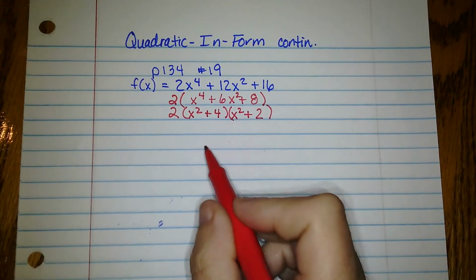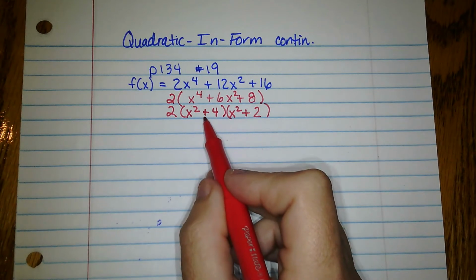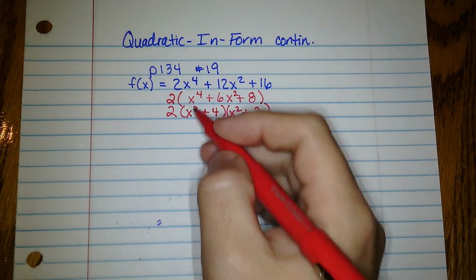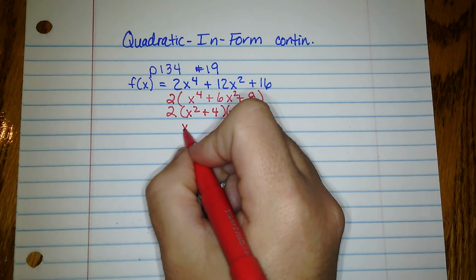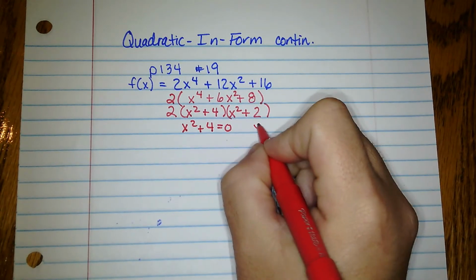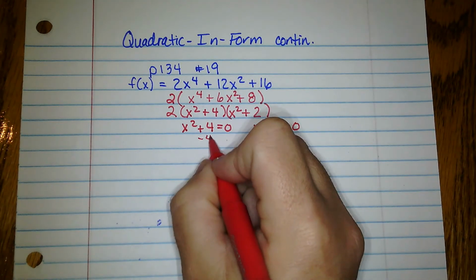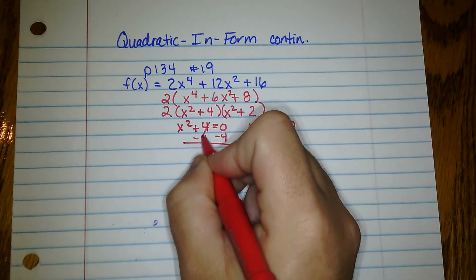Now, again, you cannot factor this further unless it's a minus sign. Because it's a plus sign, you have to solve it by isolating the variable, and that's in both cases. So we're going to subtract 4 and take the square root.